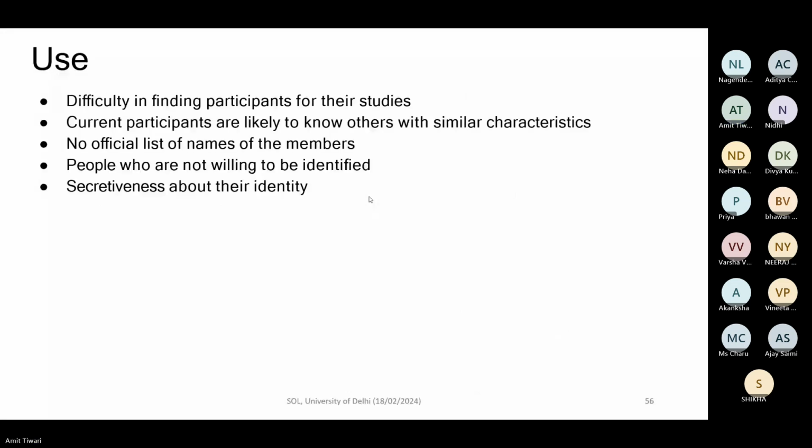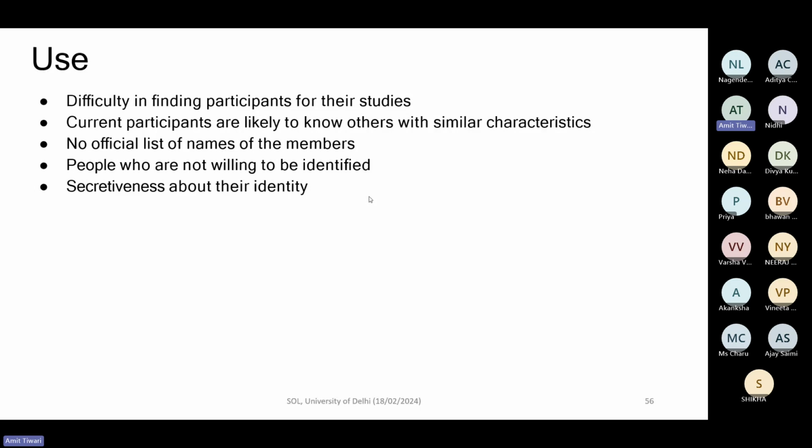Of course, it is used for evaluation and other purposes, but it is difficult to find participants for the studies, because even though you have selected them based on someone else's recommendation, they might not agree to participate in your research. Then the expert or participant who is suggesting another one might have some bias.